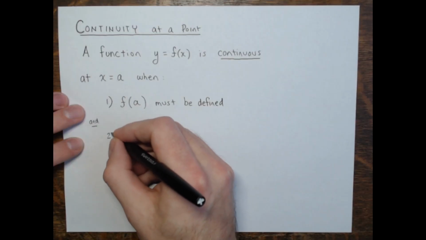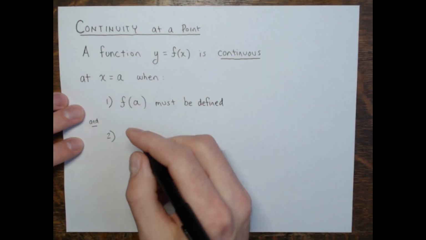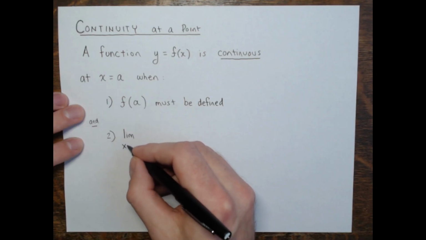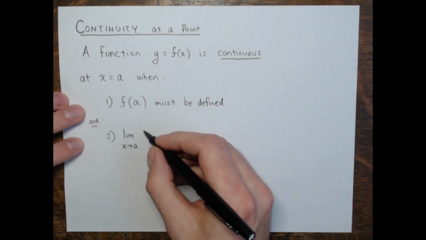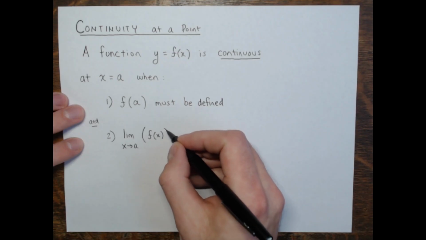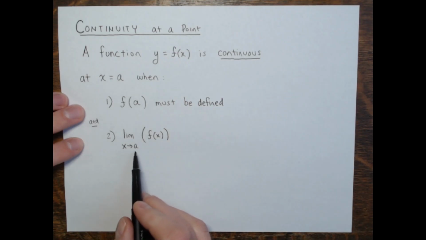And the second condition is the limit as x approaches a of our function. Remember what this meant: this was what happens as x gets closer and closer to a, but without becoming a. So this is two-sided.